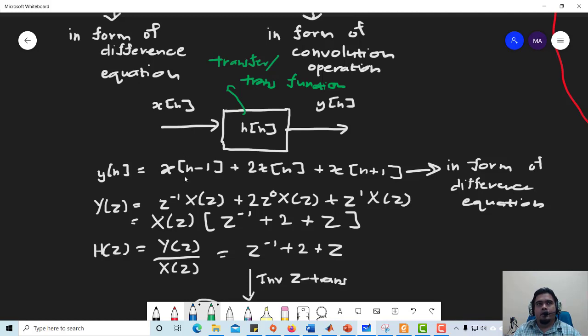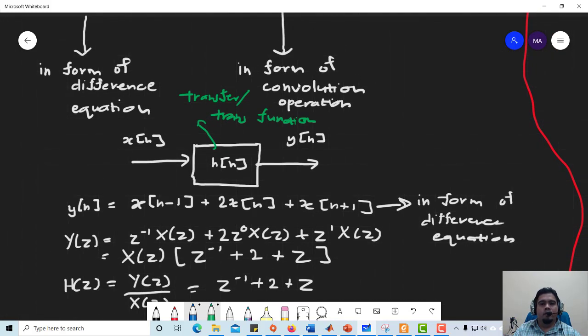Okay, if you remember when you learned this topic, you can also convert this expression, given the system is represented by this expression in form of a difference equation, into this form, which is in form of convolution.